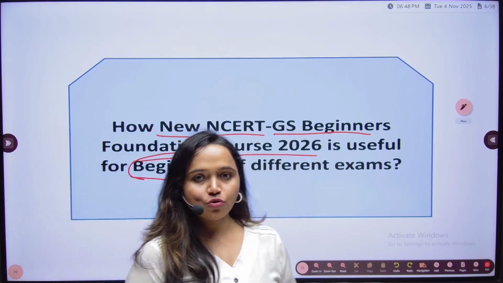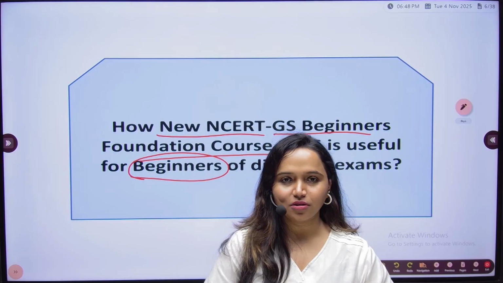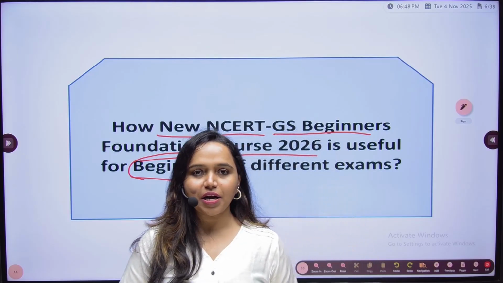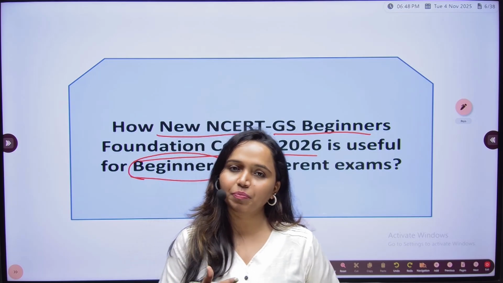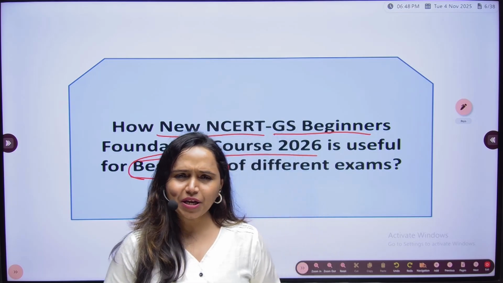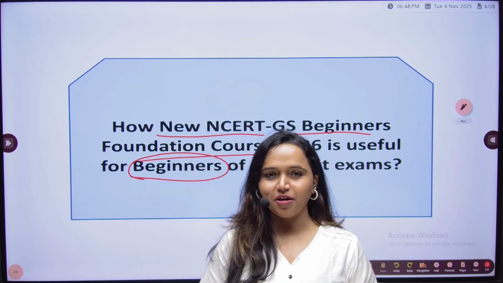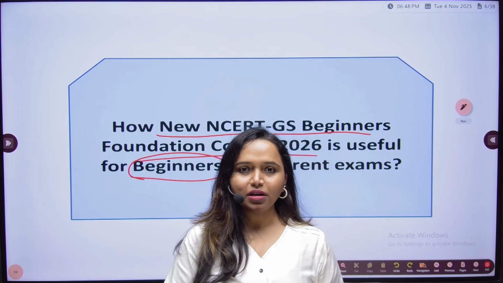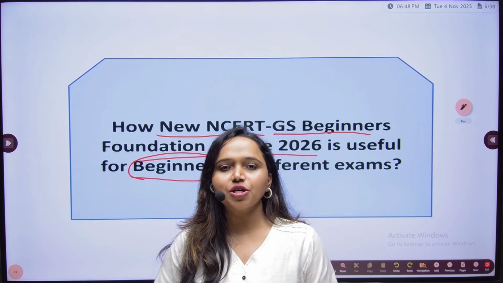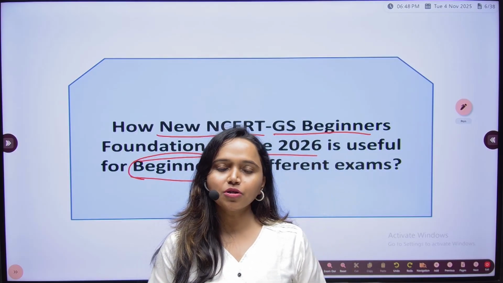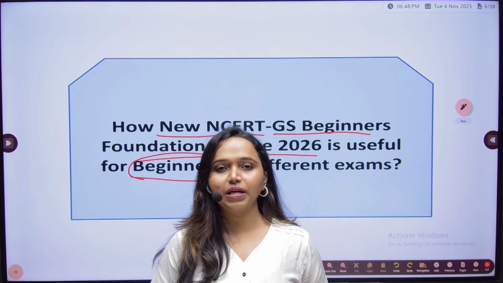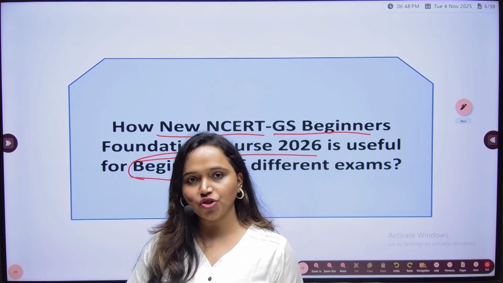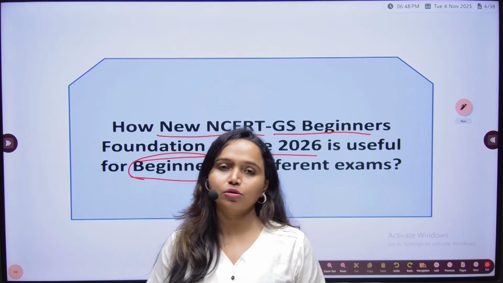So what we are trying to focus on here are the beginners. Before understanding how this course helps you solve the problems and challenges of the beginners of different exams, it is very important to know who is a beginner. A beginner has nothing to do with educational qualifications. A person who has done a PhD can also be a beginner, and a person who has minimum eligibility qualifications such as graduation is also a beginner.